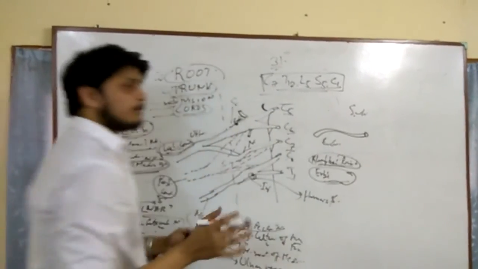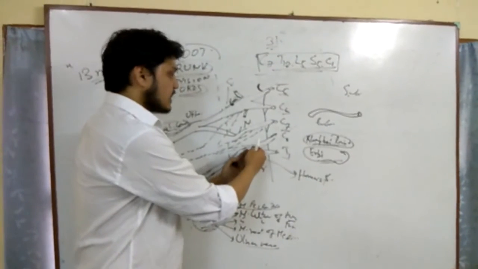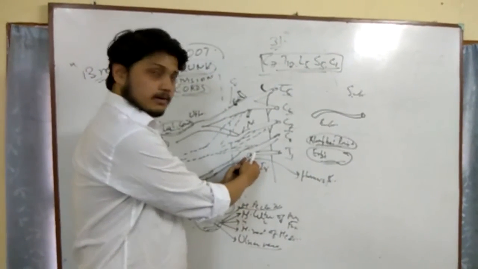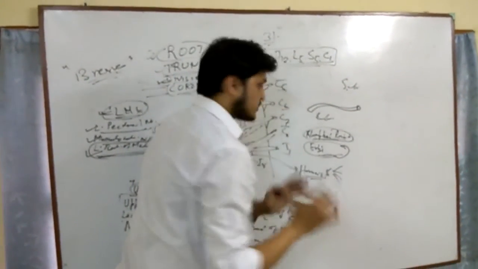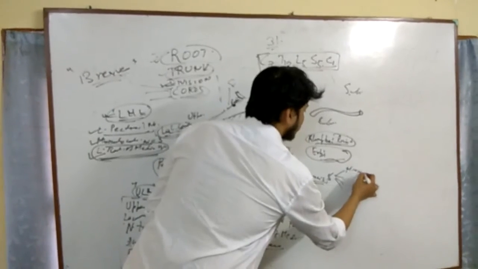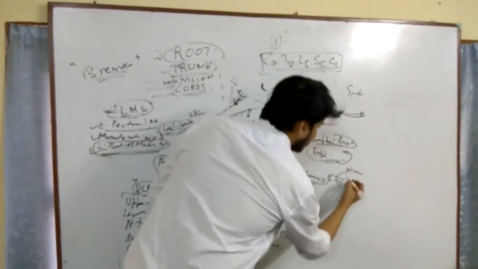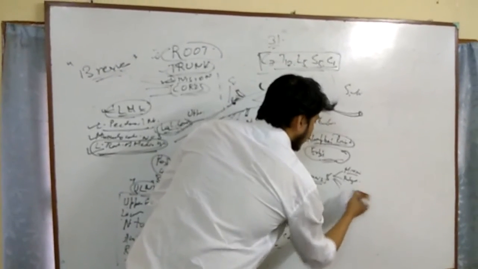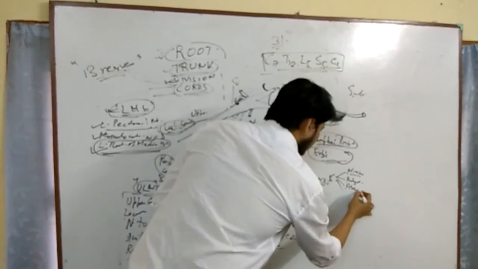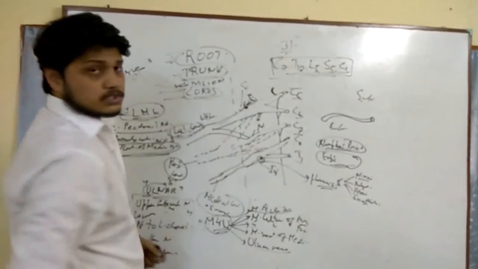Just to remember, injury to the inferior trunk here will give rise to Horner syndrome, where we have 4 characteristic symptoms: miosis, which means the iris gets constricted; anhidrosis, meaning no sweating; ptosis; and enophthalmos. So this is Horner syndrome.